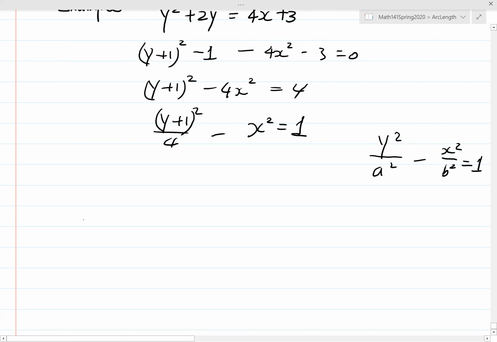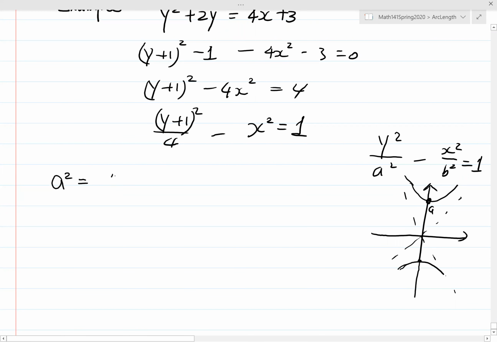This thing looks like this, with asymptotes, and two branches. This part is a, this part is a. If you compare, a squared is 4, so a is 2. b squared is 1, so b is 1.